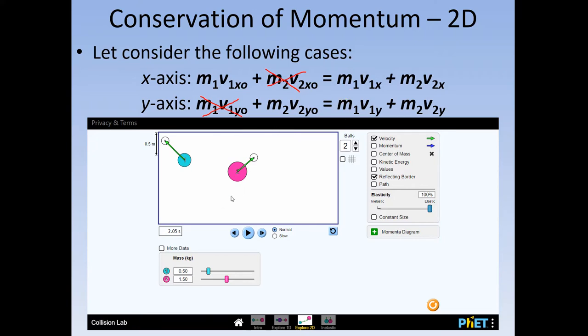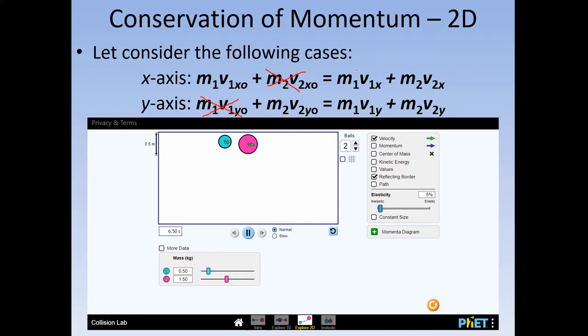And if I want to make it even more simplistic, I could turn this collision into, I guess I can't make it into a completely inelastic collision, but I could do something like this where now they're moving together with the same velocity.